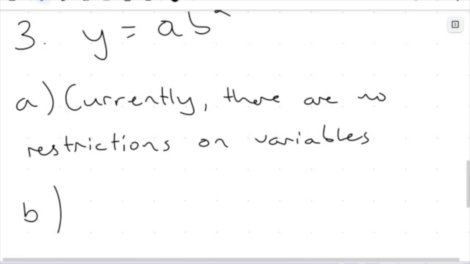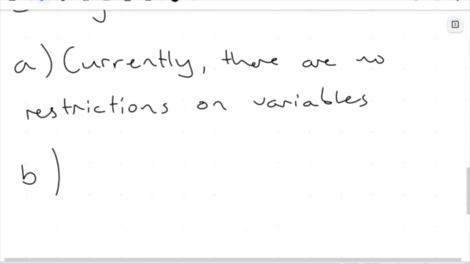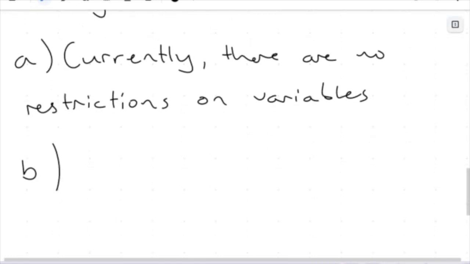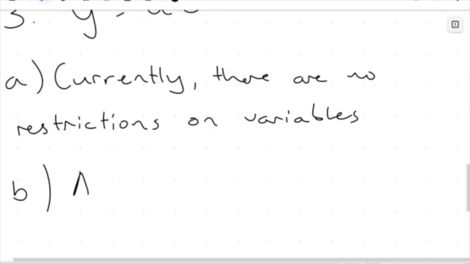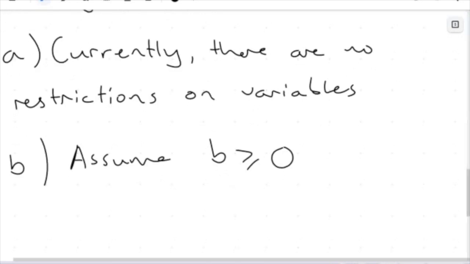But let's look at what happens when we have restrictions. So in this second part, we're going to rearrange to make b the subject of the equation, and we're going to assume that b is greater than or equal to 0. So b can be 0 or any number bigger than 0.